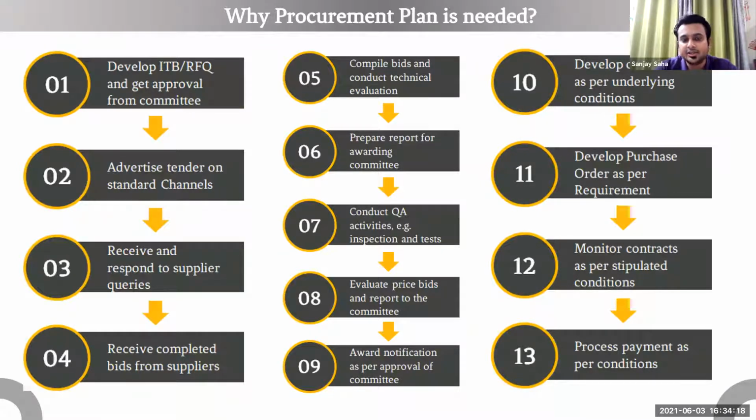You create an ITB or an RFQ, you advertise, you receive bids, you respond to queries, you compile those bids, you do technical evaluation, there are committees involved, you prepare reports, then you also conduct quality assurance activities, there may be inspections, there may be testing, then you may do price evaluation, then there are award notifications, then you develop the contracts, then based on the contracts you develop purchase orders, then you monitor those contracts, and then you process payments once the supply starts to arrive.